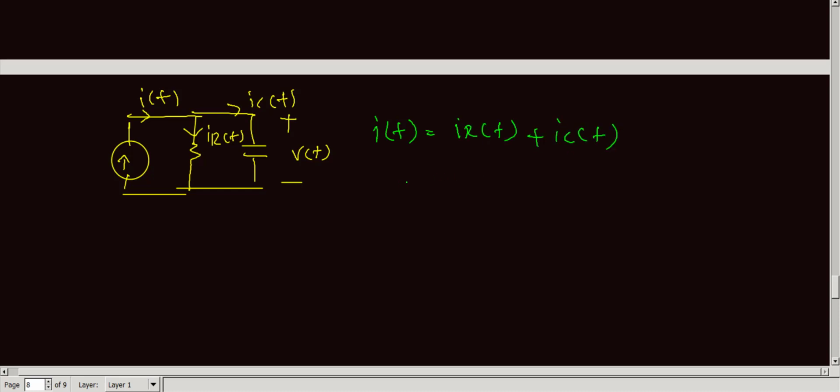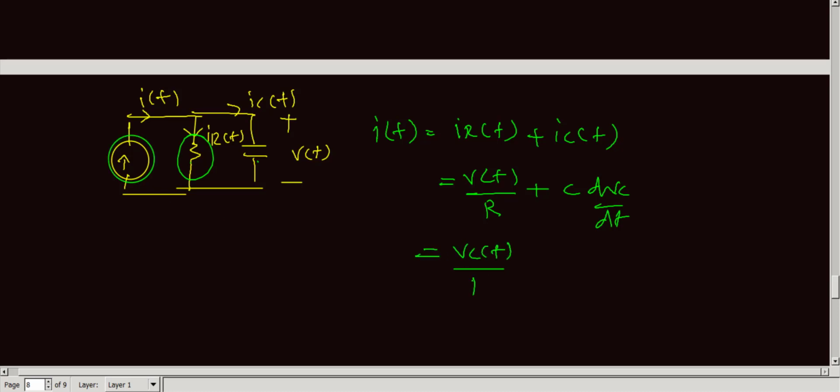So IR of t equals V of t by R, and IC equals C into dVc by dt. But you know that the voltage across the capacitor equals the voltage across the resistance, which equals the voltage across the current source. So Vc of t by R plus C into dVc of t by dt.